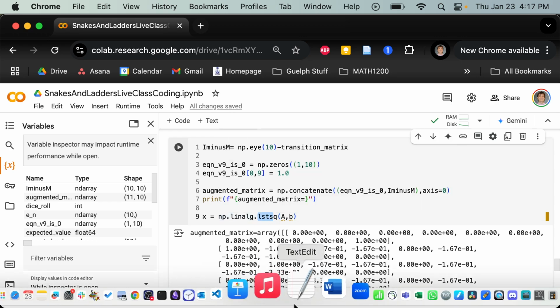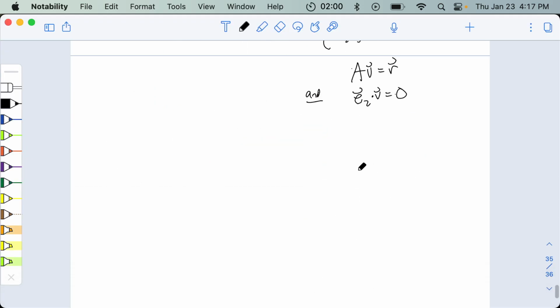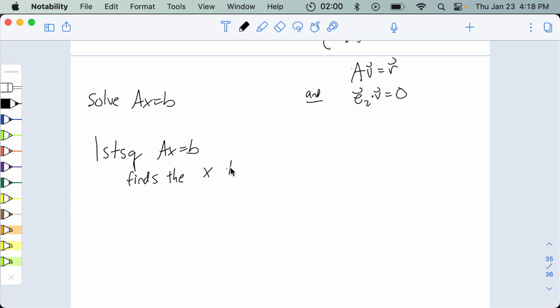So this is a good pro tip, which is that if you say solve Ax equals b, sometimes when there's no solution, the solve will break and yell at you and be like, I couldn't find a solution, I'm so sad. Whereas if you say lstsq Ax equals b, what it does is it finds the x that minimizes Ax minus b.